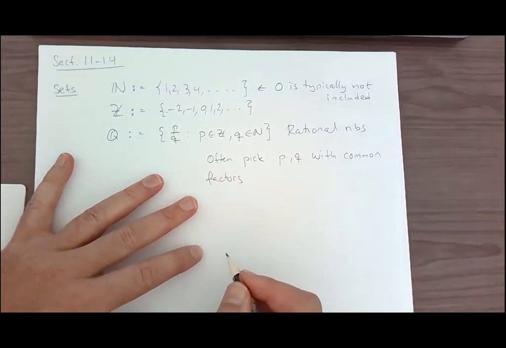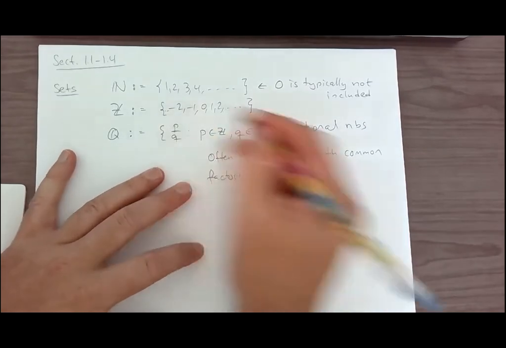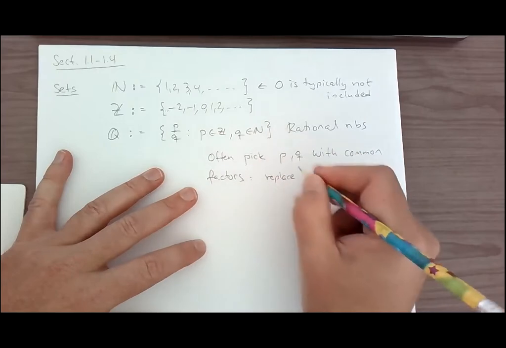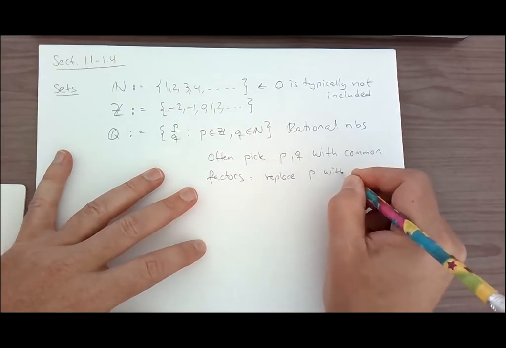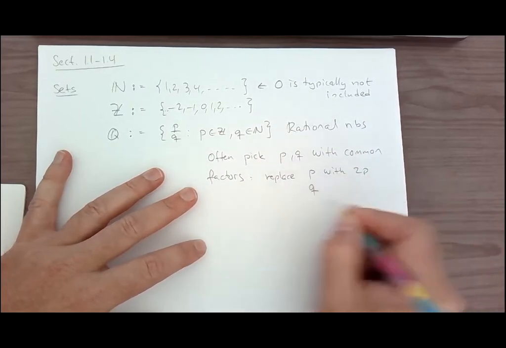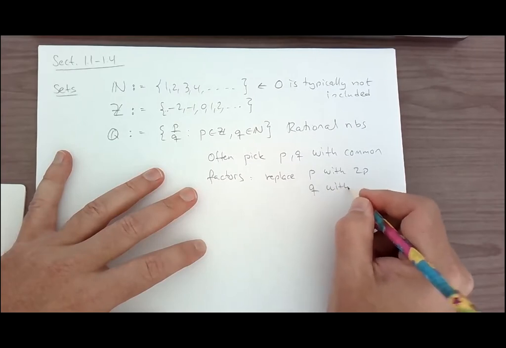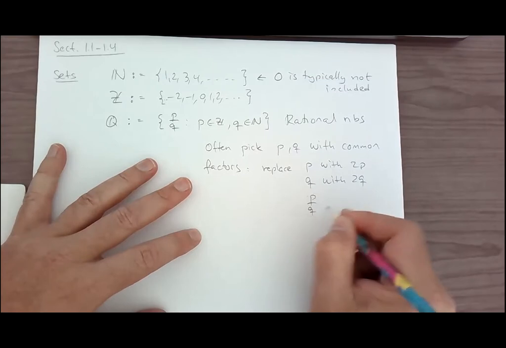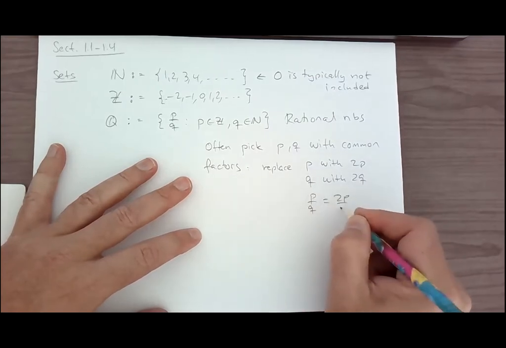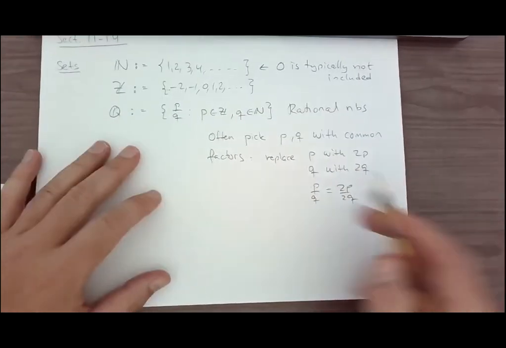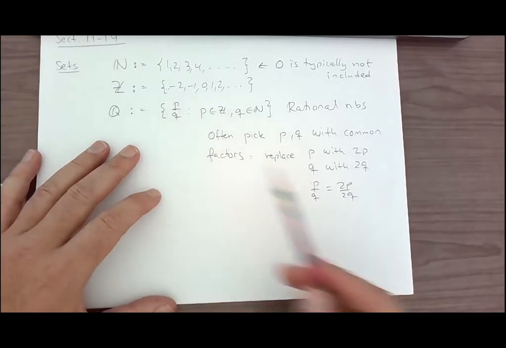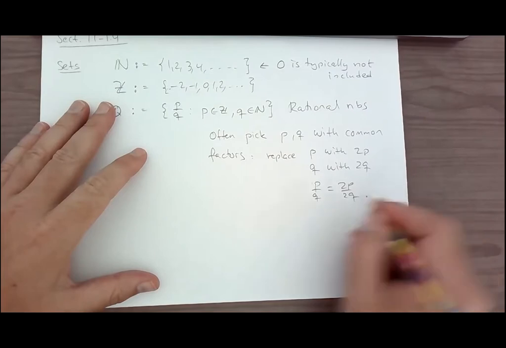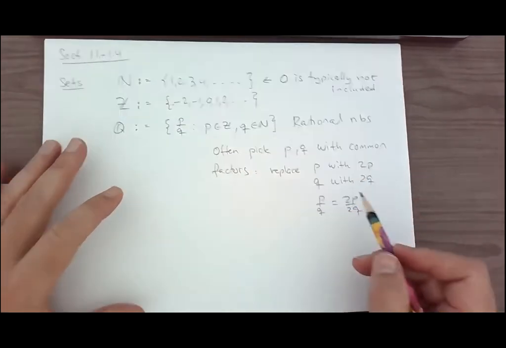What do I mean by that? Well, if we replace P with 2P and Q with, say, 2Q, then I'll have P over Q, which will obviously be the same thing as 2P divided by 2Q. So this representation is not unique, but if you delete these common factors, then we're good. So we'll often pick these with no common factor.